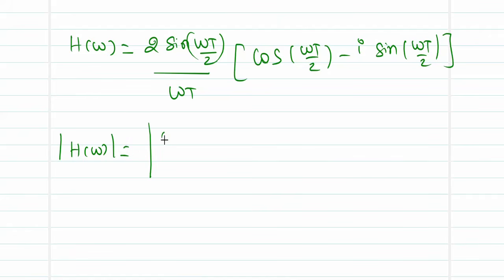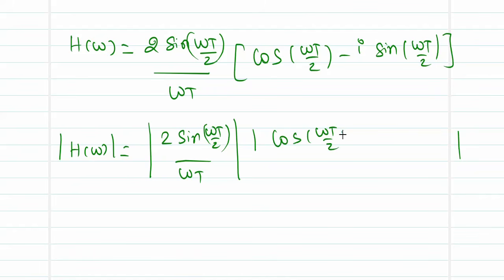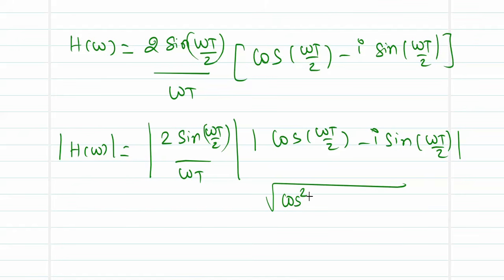So this becomes the modulus of 2 sine omega t divided by 2 by omega t, the real part that will not be affected. But what gets affected over here is the complex number cos of omega t divided by 2 minus i sine omega t divided by 2. Now we know that the modulus of a complex number is nothing but root over real part square plus imaginary part square.